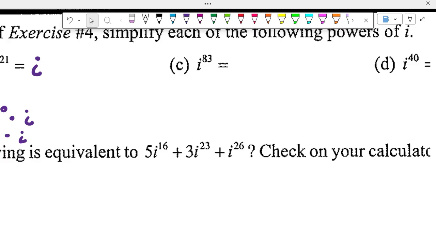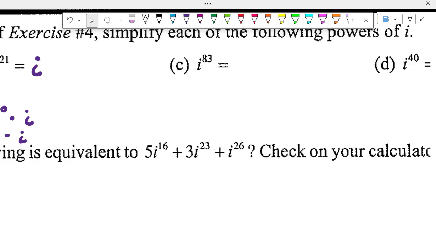So if you don't know what multiple you need to use, you divide 83 by 4, take the number that is in front of the decimal place, multiply it by 4, and that'll be the number that's the closest. Thumbs up if you're ready.